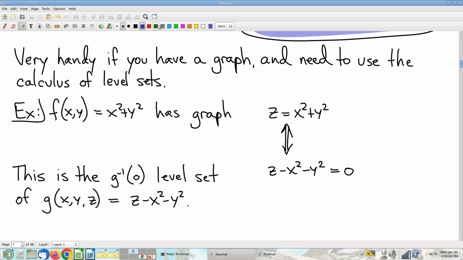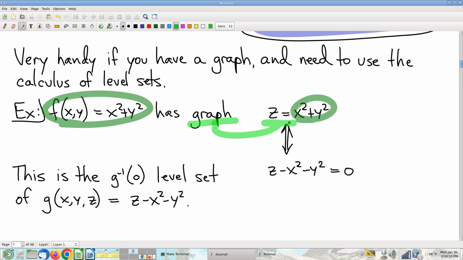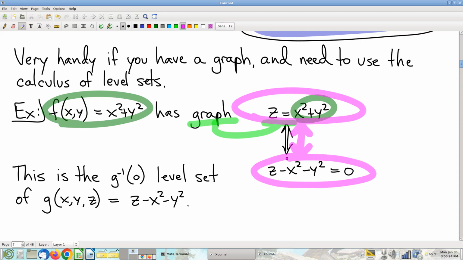Here is a function of two variables, and I can talk about the graph of that function. Again, graph, because I have a new variable equal to the value of that function. If I am given this graph, aka that equation, of course it is equivalent to that equation. I barely did anything, right? All I did is subtract everything over to one side of the equation.